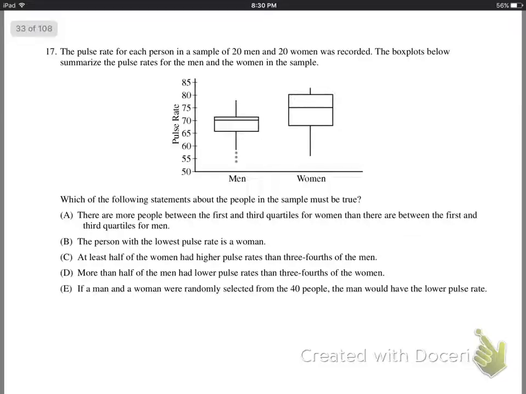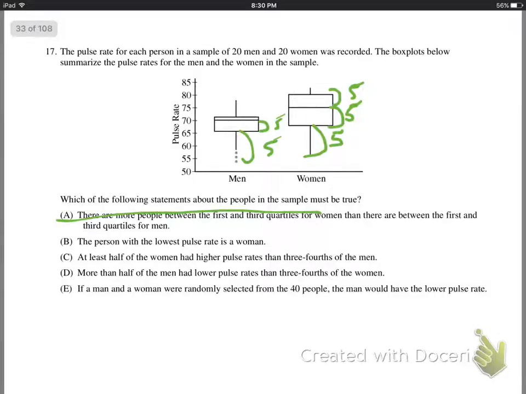So since they both have 20 people, the quarters would be 5. So there's going to be 5 people here, and 5 people here, and 5 people here, and 5 people here. Do you see all the quarters have 5? So it has nothing to do with the number of people. There are more people. Okay, it's not to do with that.